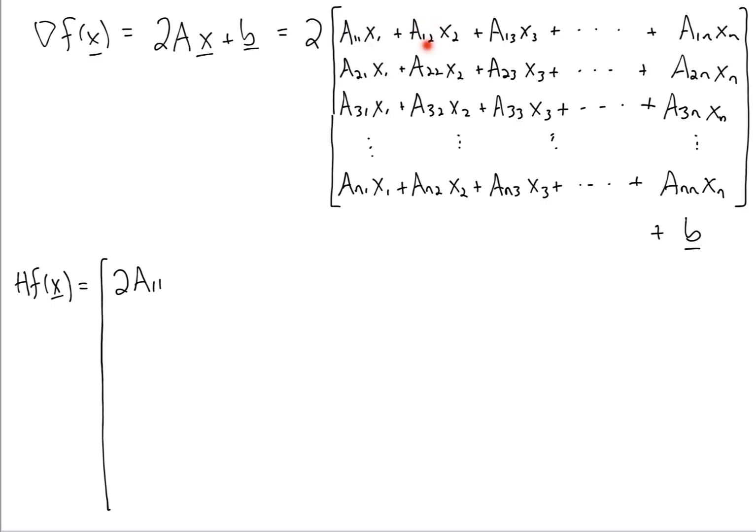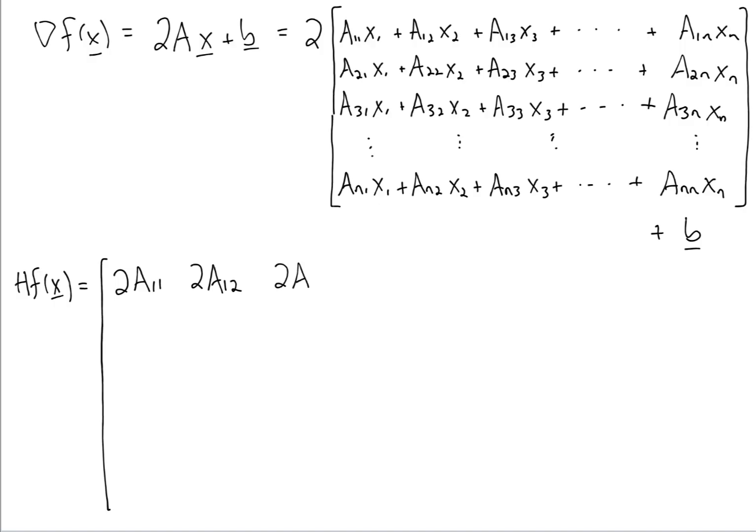And so we get 2 times a12. For the partial derivative of f with respect to x1, then with respect to x3, we take the partial derivative of this first term with respect to x3, and the only term that contributes to it is this a13.